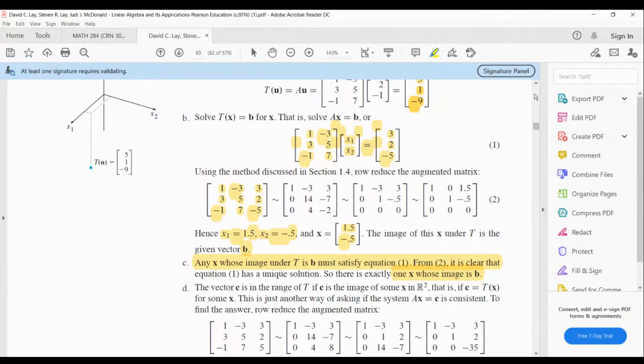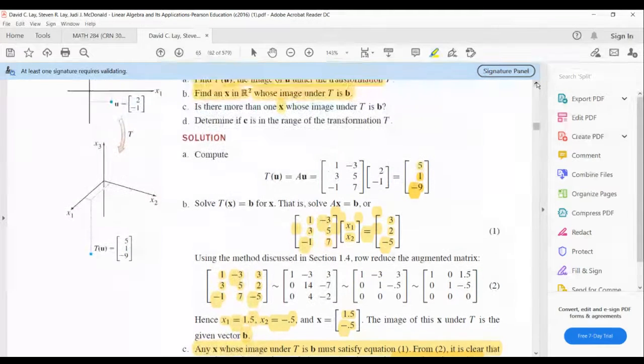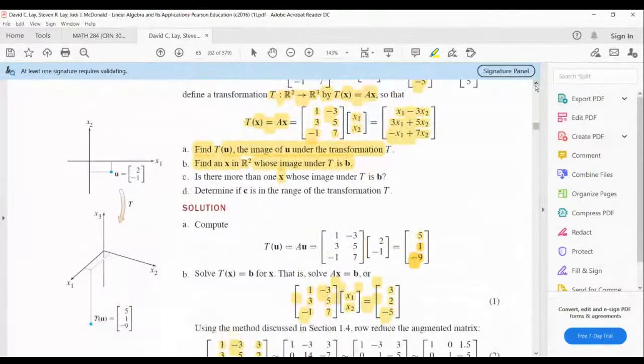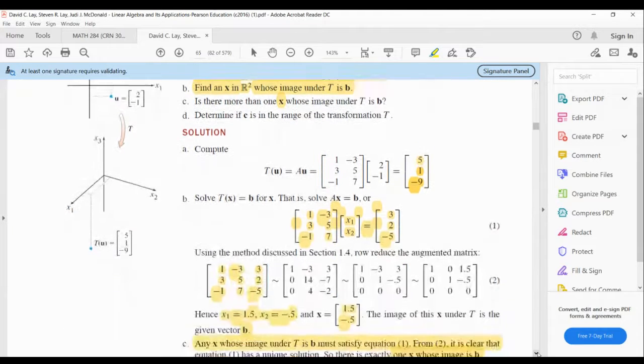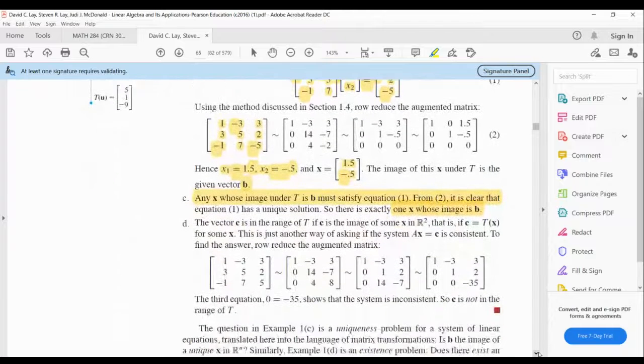And then finally, determine if the vector c is in the range of the transformation. So here's c. If c is in the range of the transformation, then c is the image of some vector x.